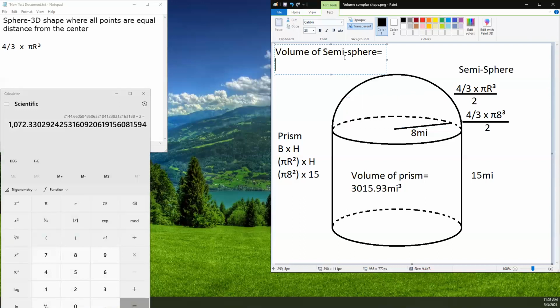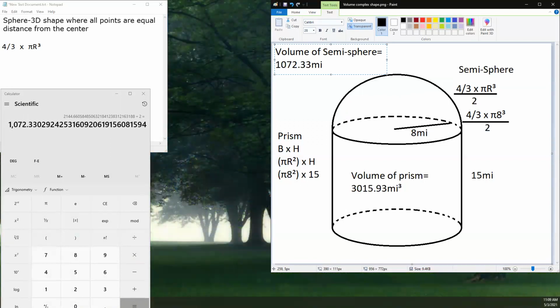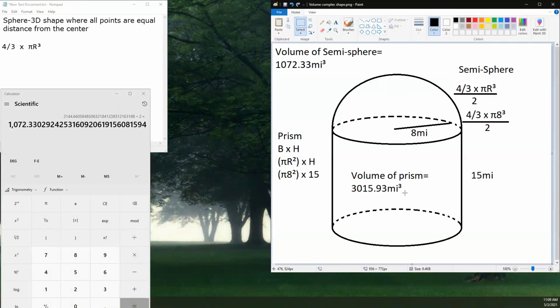All right, volume of semisphere equals 1,072.33 miles cubed. So the volume of the semisphere is this, the volume of the prism is that. All we have to do, add these 2 numbers up, and we're finally done. I know it's ugly, but that's the way it is.